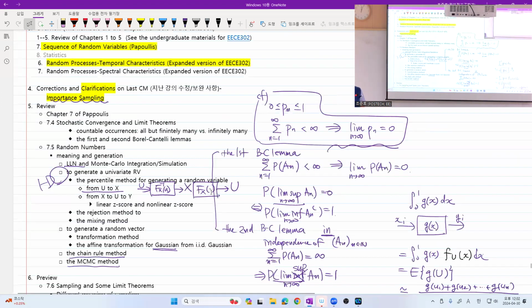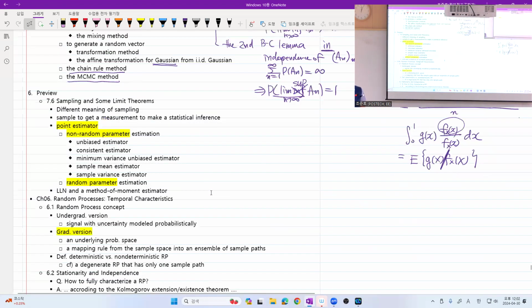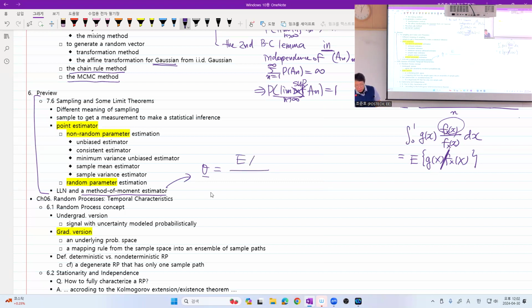So let's go back to the preview part. I've just covered this part, except the method of moment estimator, and let me talk about this one. Suppose what you want to estimate from the samples is a function of the moments. Then the simplest one is something like this. Suppose your theta to be estimated is related to something like this.